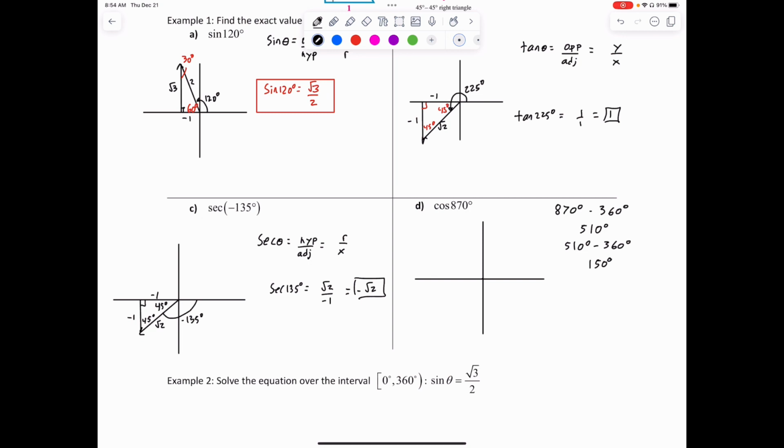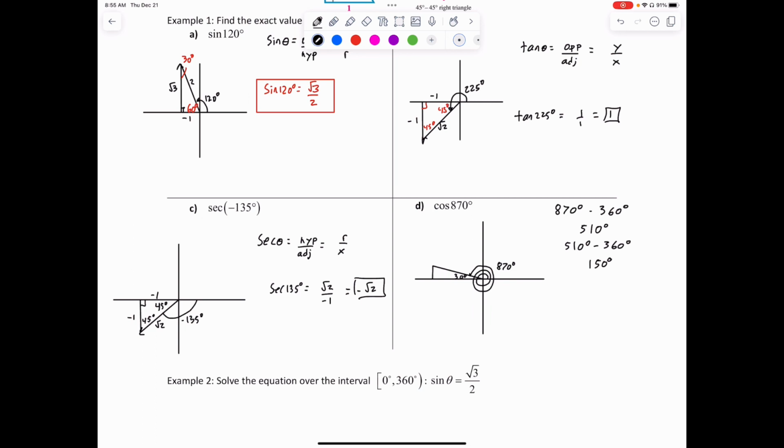150 degrees we know is somewhere over here, not quite 180, but really our angle in question is 360, another 360 makes 720, and we're coming back here to end up at the same place that 150 degrees would, but we're still finding the cosine of this 870 degree angle. What that leaves me with, of course, is a reference angle, because that's the same thing as 150, which has a reference angle of 30 degrees.